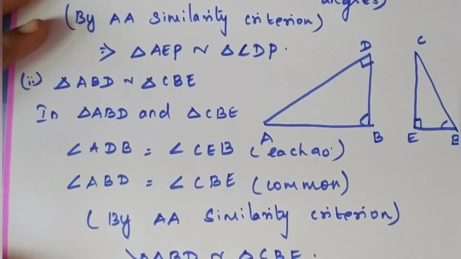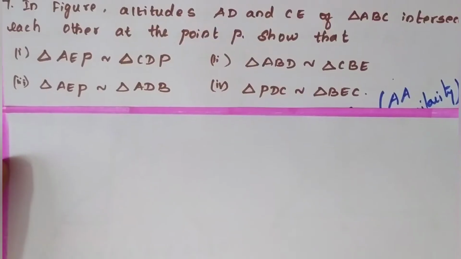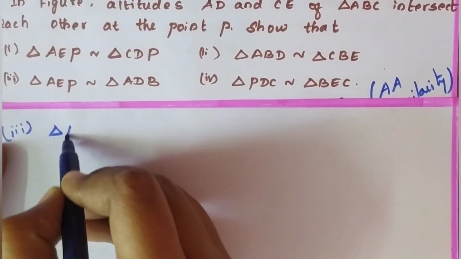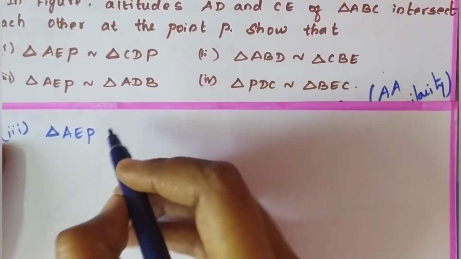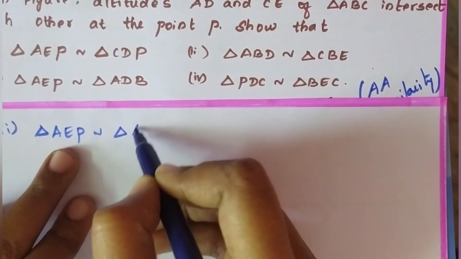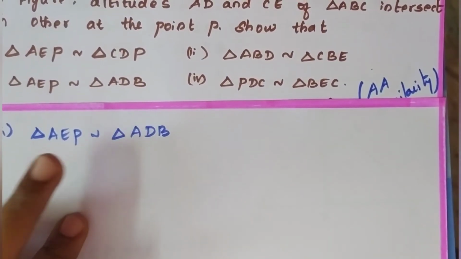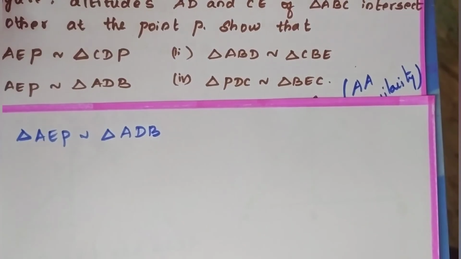Clear? Second thing also we proved. Next, third one, triangle AEP is similar to the triangle ADB. This one you have to tell that it is similar.